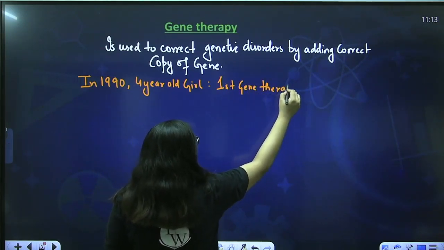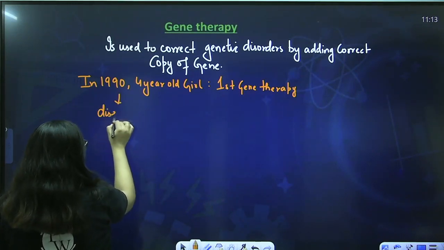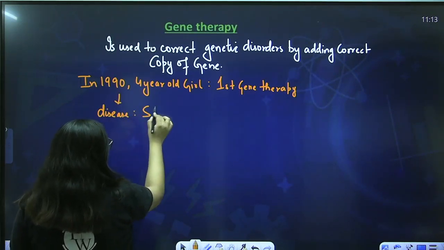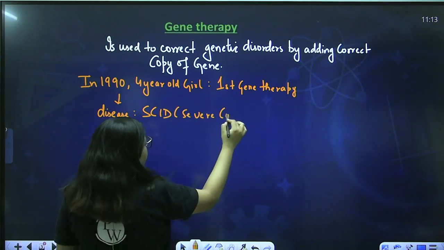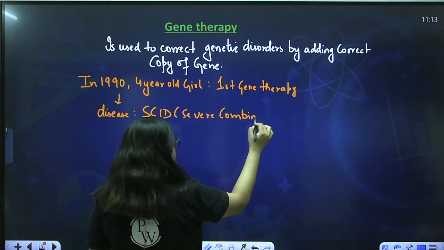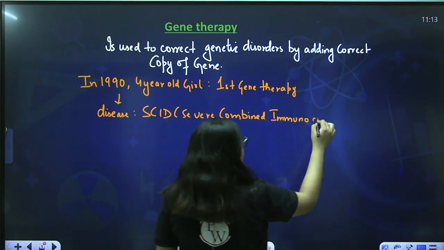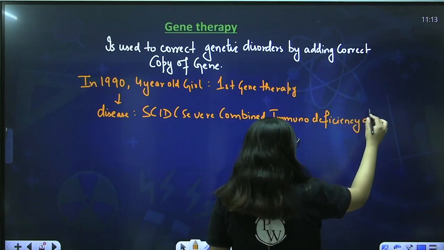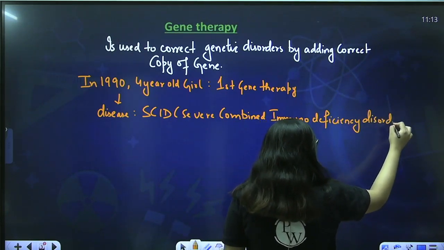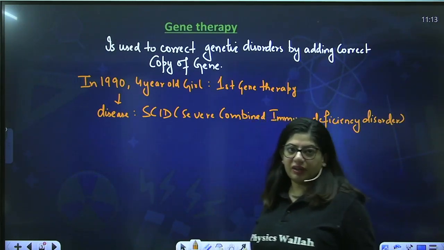This girl was suffering from a disease, and the name of the disease was SCID, Severe Combined Immunodeficiency Disorder. So SCID was a disease from which this baby girl was suffering, right?